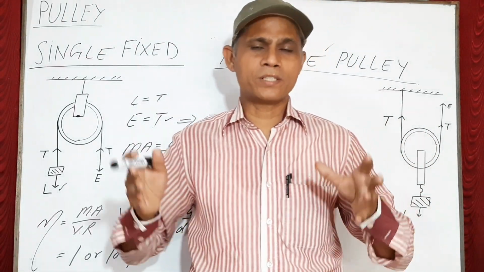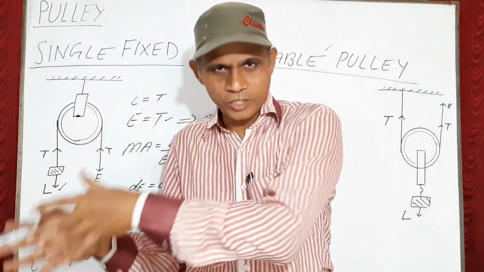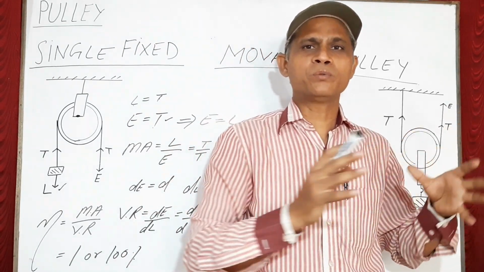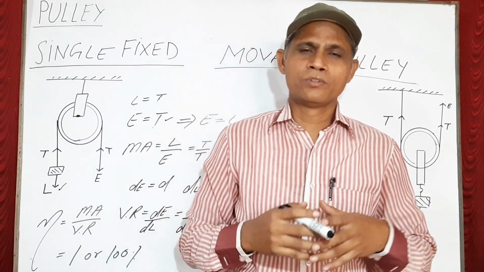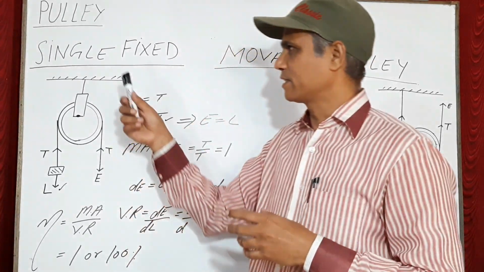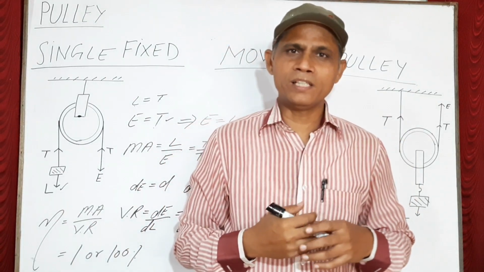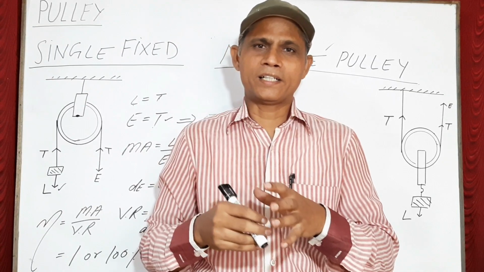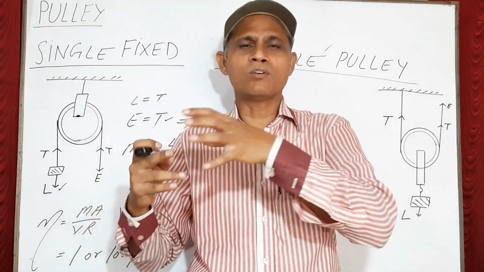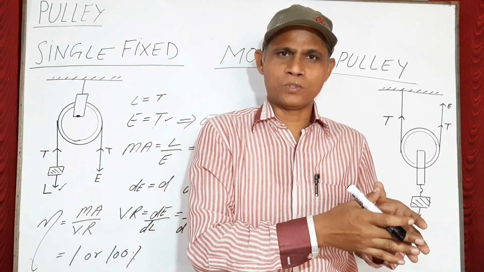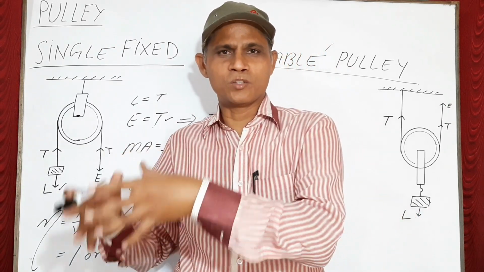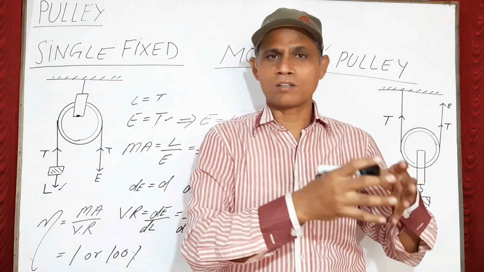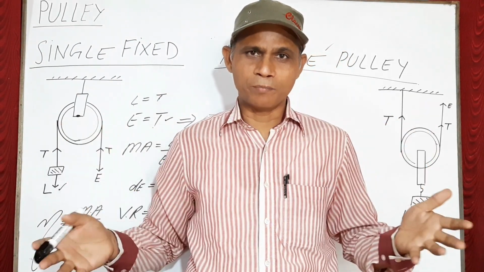Now today I am going to discuss with you a single fixed pulley and a single movable pulley. Two types of pulley I am going to discuss. First of all, before that, I want to discuss one term: if you are having a single pulley or a combination of pulleys, that is known as a block.